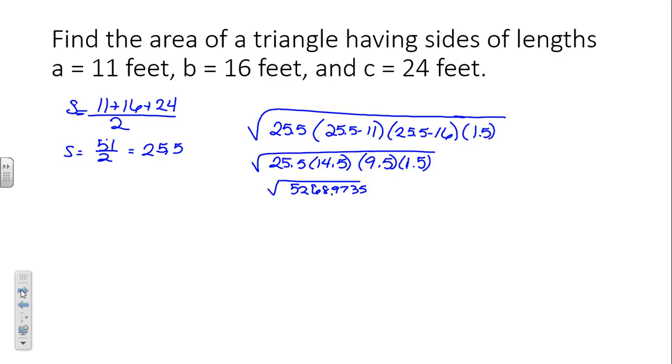If I've not hit some buttons wrong, 72.6 feet squared. What you got? All right, make sense? All right, just plugging and chugging in a formula. All right, assignment.